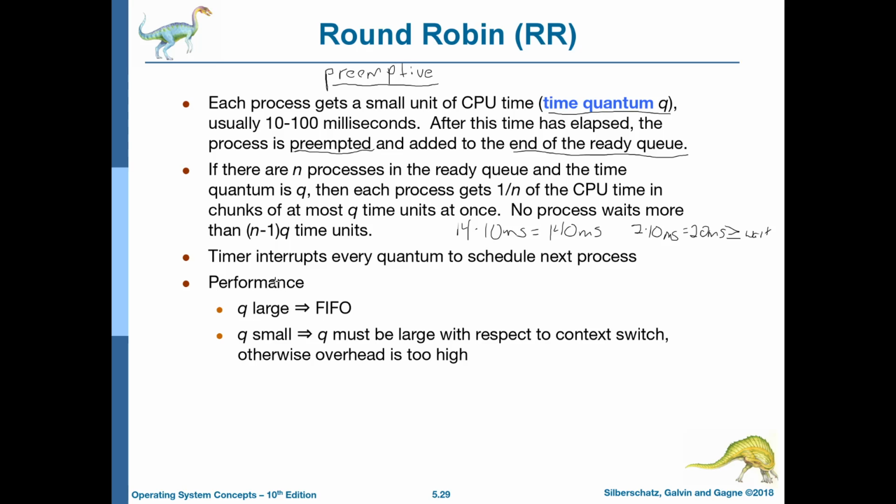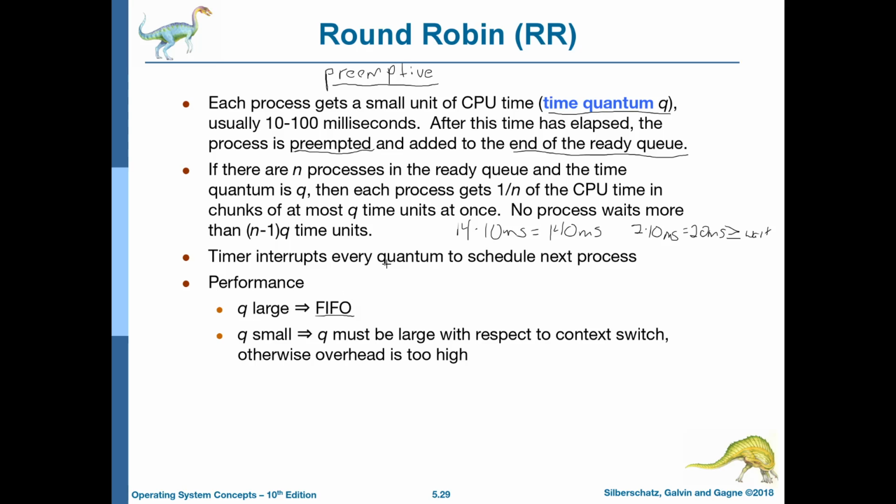Now, again, the timer interrupt is what makes the quantum work here. When it comes to performance, how do you choose a quantum that is fair but is still efficient? Well, if we set the quantum too large, then this becomes the first in, first out queue.